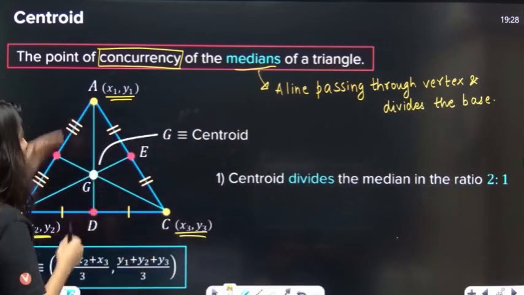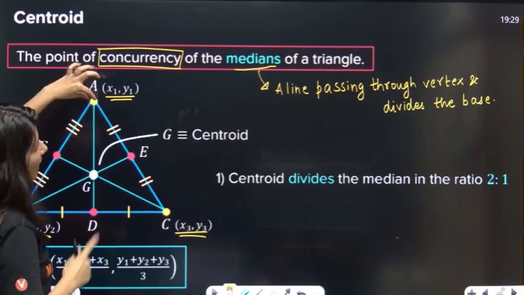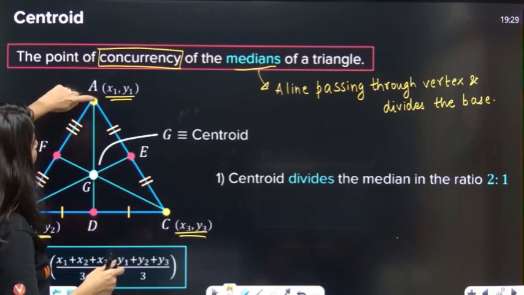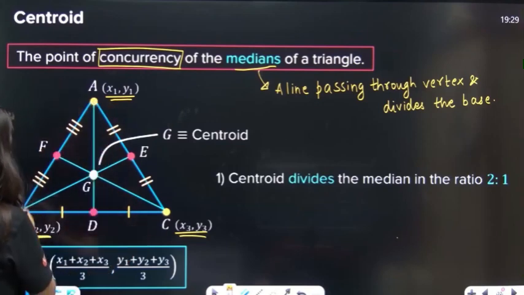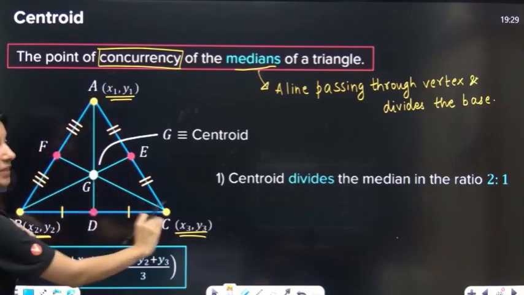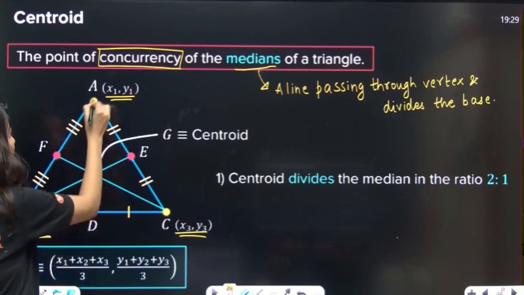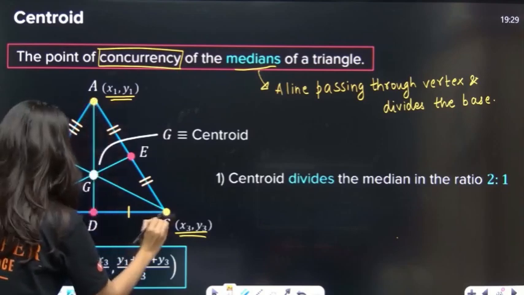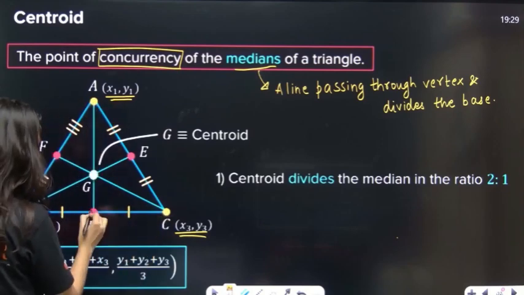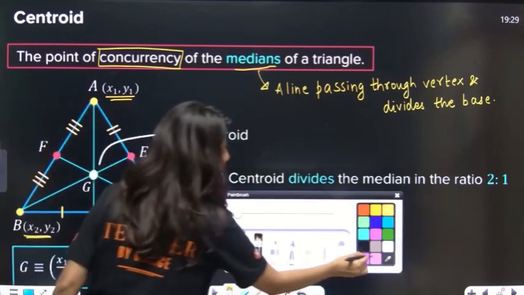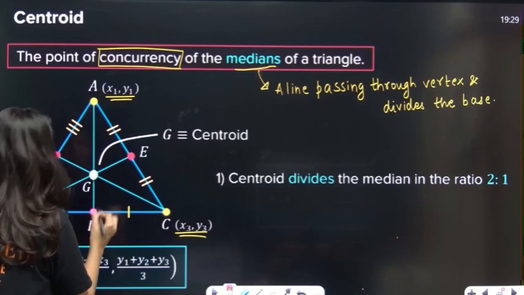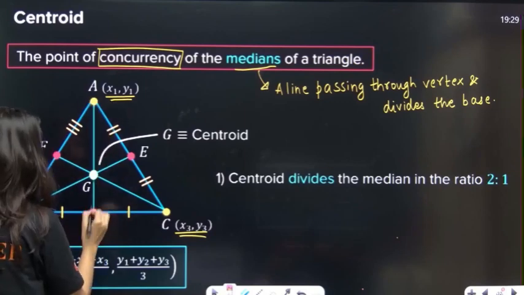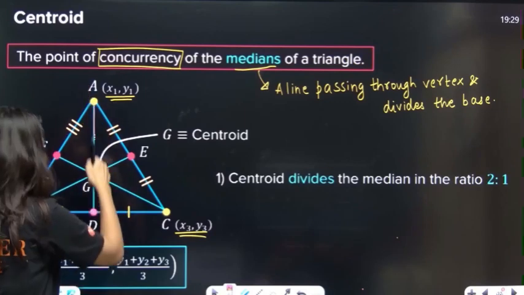So let's draw a median from vertex A. A line passing through vertex A, and opposite to this vertex we have a base BC. Now if I draw a midpoint, can you see D is the midpoint? So now I have to join A and D together. So AD is going to be a median.